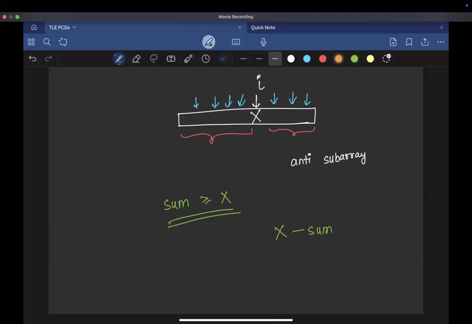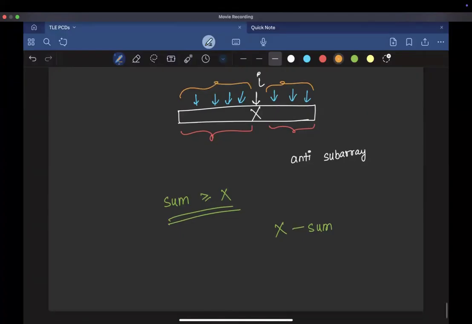I had thought about a few edge cases also. Like there should be at least one element on the left and at least one element on the right. So this i should be in the range from 1 to n minus 2, or basically you can say greater than 0 and less than n minus 1.